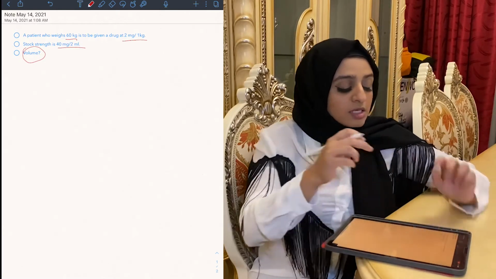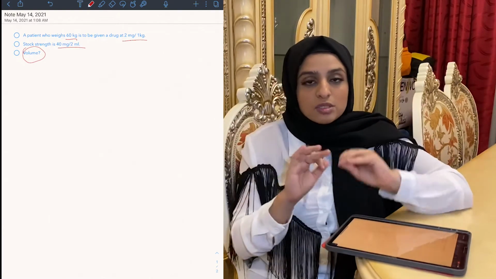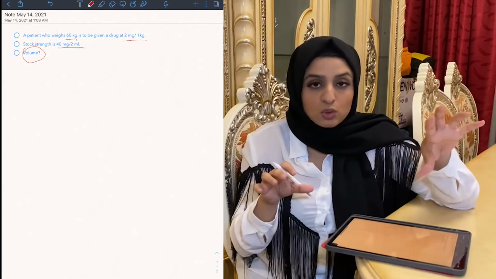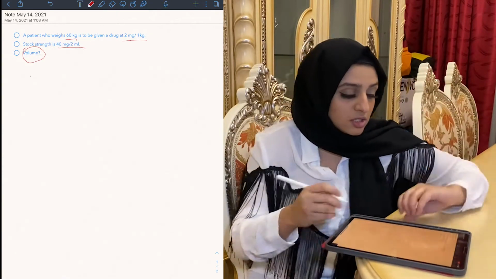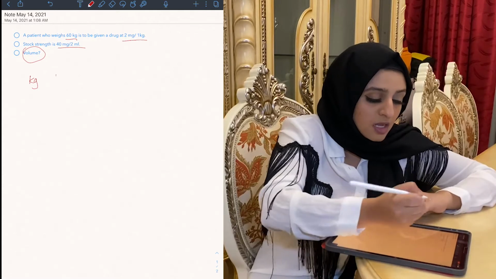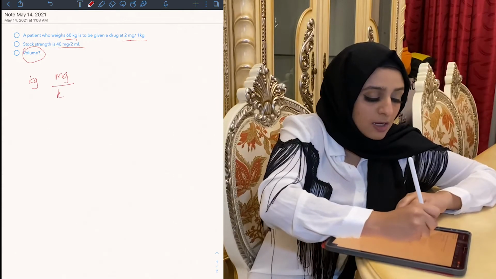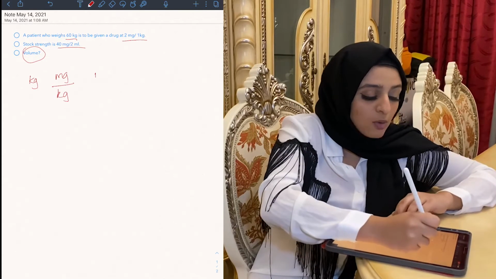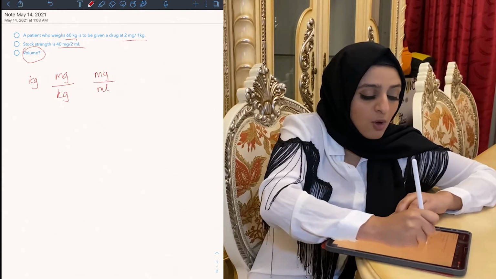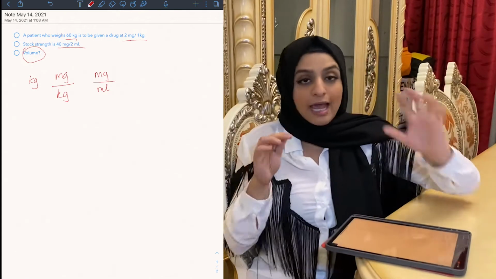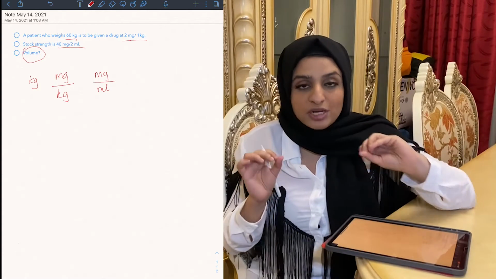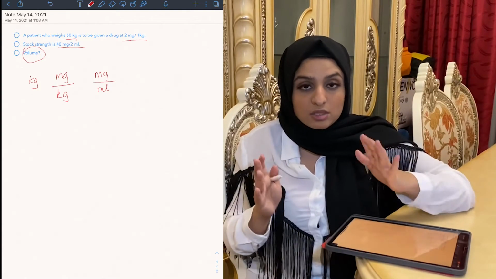So now I want you to ignore all the numbers and look at the units that are given in the question. So we've got kilogram, we've got mg per kg, and we've also got mg per mil. Now, I want you to identify which of these units can be used for volume.